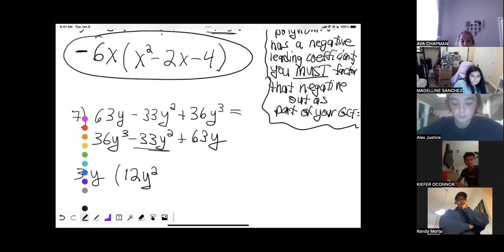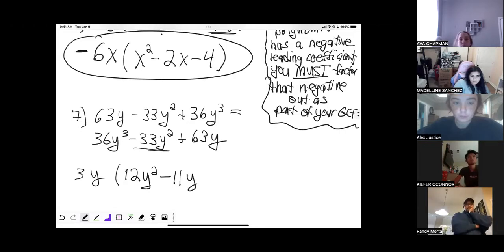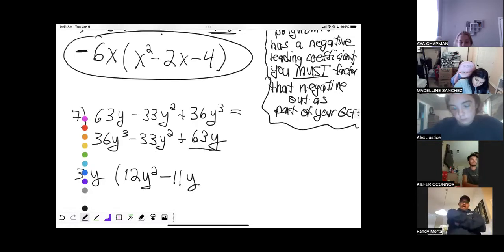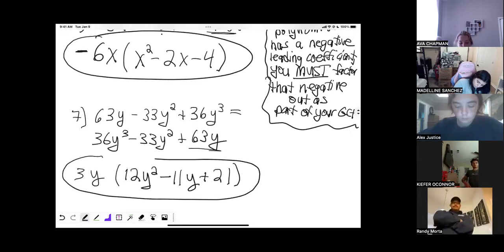Negative 33 divided by 3 is negative 11. y squared divided by y is y. And now I'm at the last term. 63 divided by 3 is 21. And y divided by y is 1, which I don't need. And I just took out my greatest common factor.